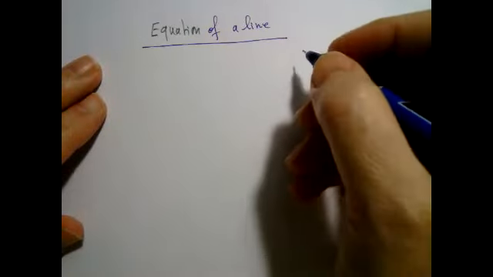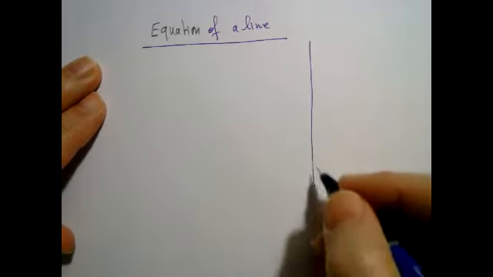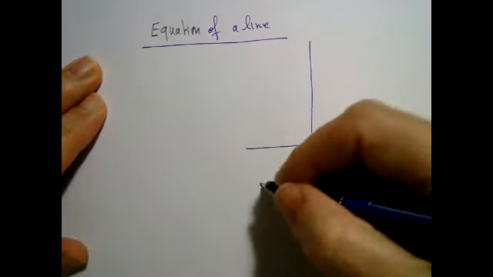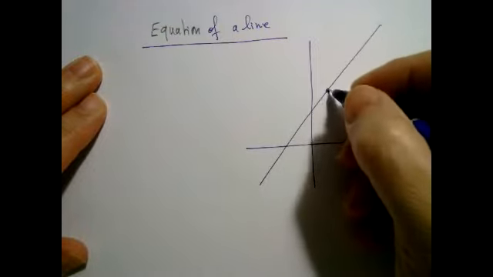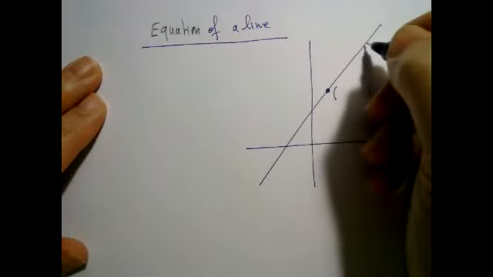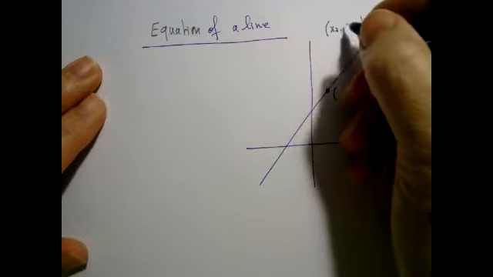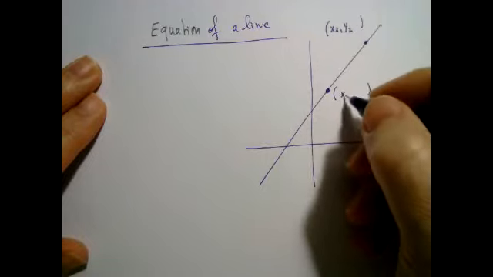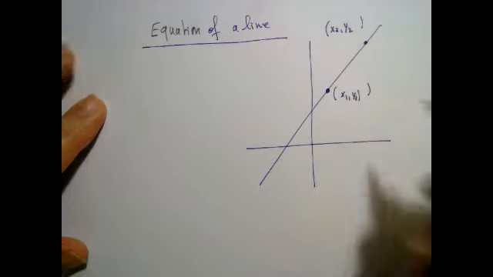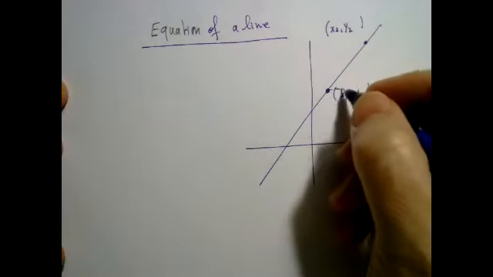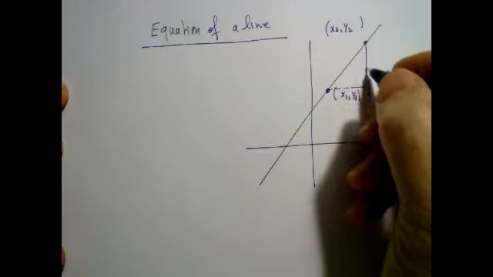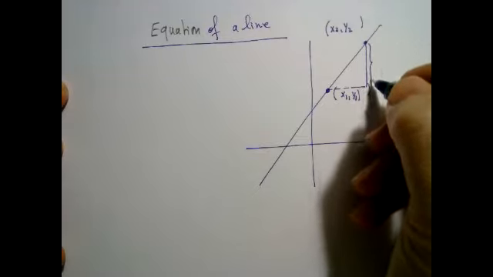All right. So suppose we have a line. We'll go through that very quickly. And you have 2 points on the line. So we call them, let us say, x2, y2, x1, y1, okay? And then the slope is the rise over the run.